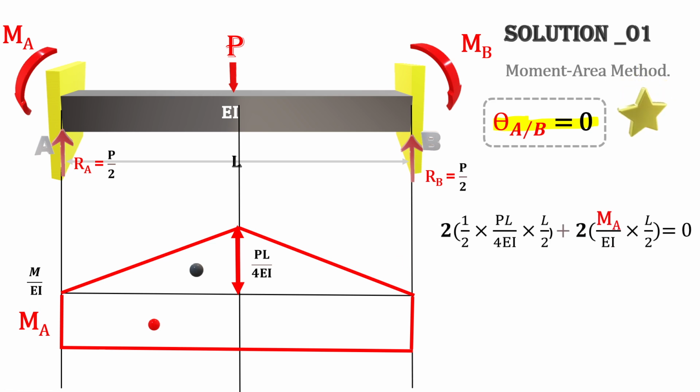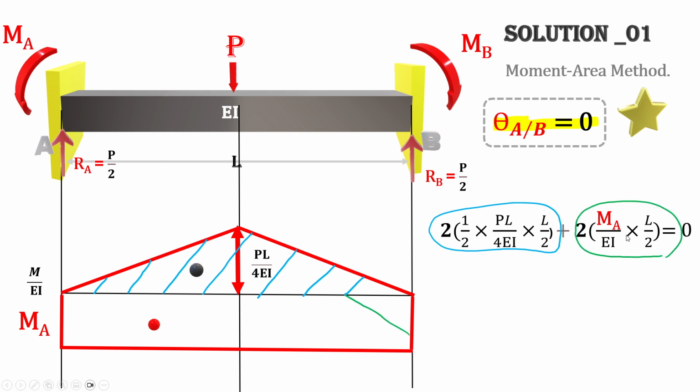If that's the case, we dissect the area into two parts. The first part is two of these triangles, 2 times half of PL over 4EI times L over 2, which is half of the length of the beam, plus the greenish area, which is two of these small rectangles, 2 times MA over EI times again L over 2.